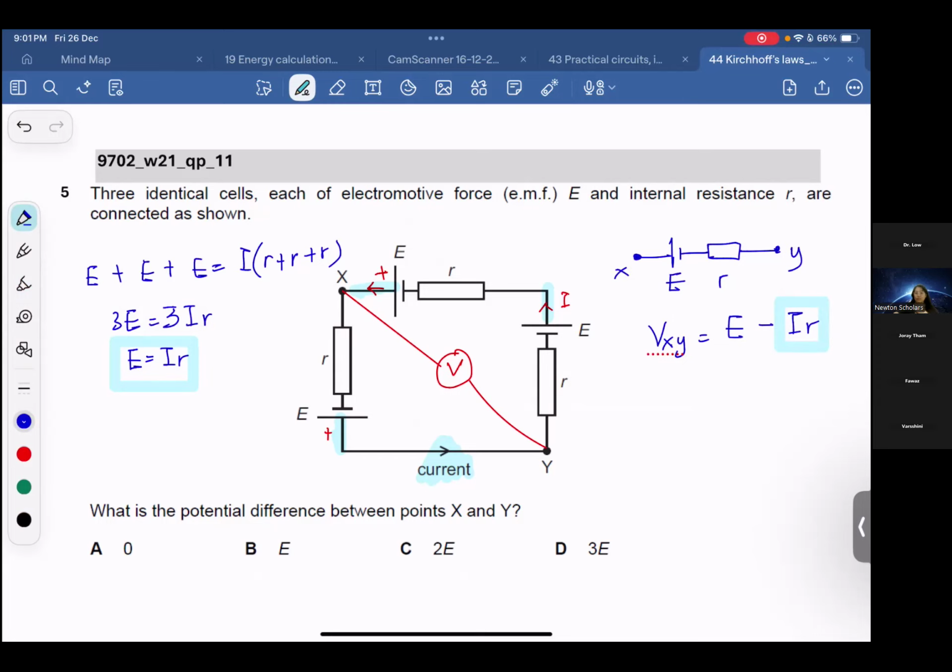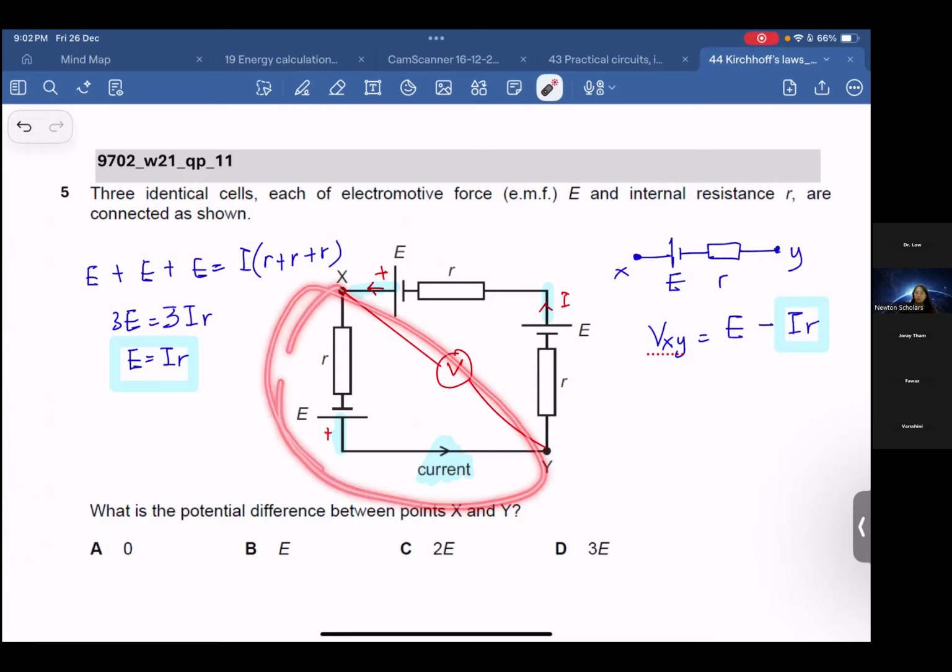Washini, yes. Okay, so dear, in the whole circuit the total EMF is 3E because they are all connected in the correct direction. So it's 3E equals I times the total resistance, which is 3R. So 3E equals 3IR, and we find that E equals IR. Between X and Y, I take this path; later I will take another path to show you.